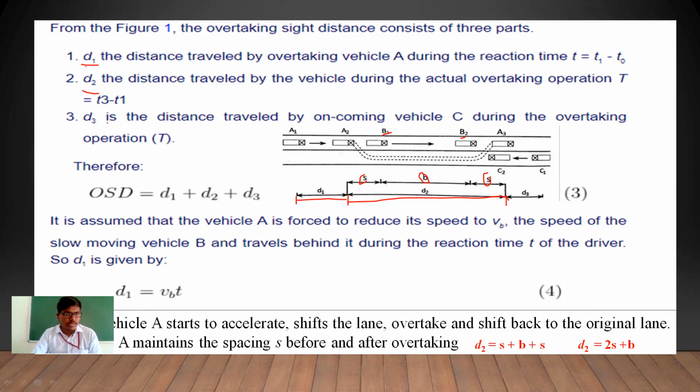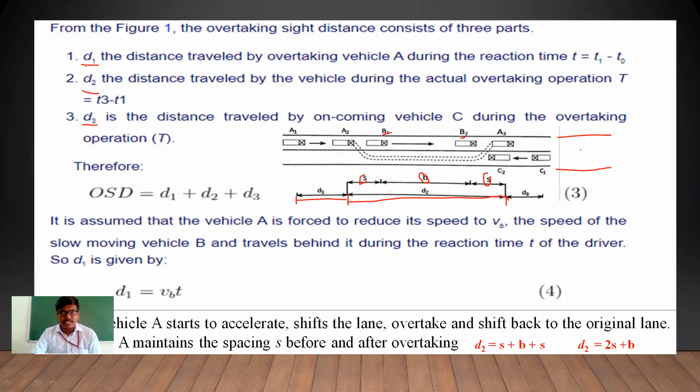That was about the second component, D2. The third component is D3. The diagram shown here is a two-lane highway with two-way traffic, without any divider, traffic separator or median in between.